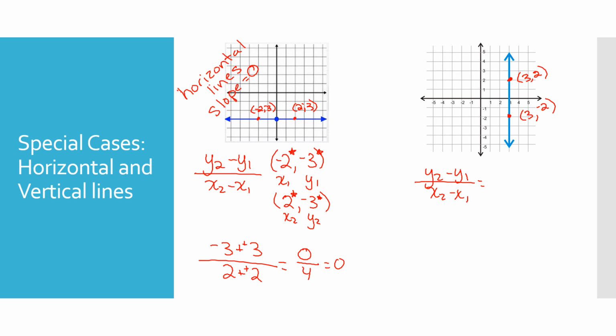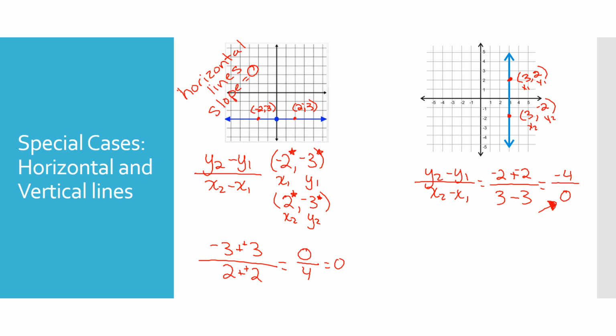I'm going to identify these as my x1, y1, x2, y2. So now y2, -2 minus 2 all over 3 minus 3. So this gives me -4 all over 0.